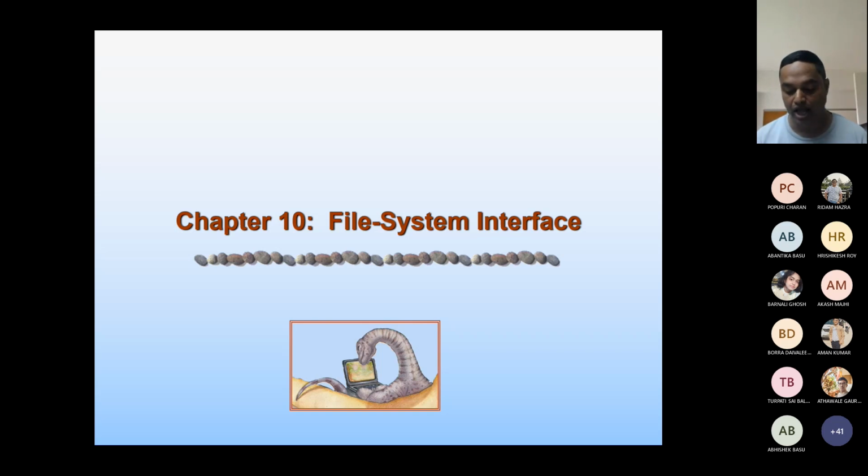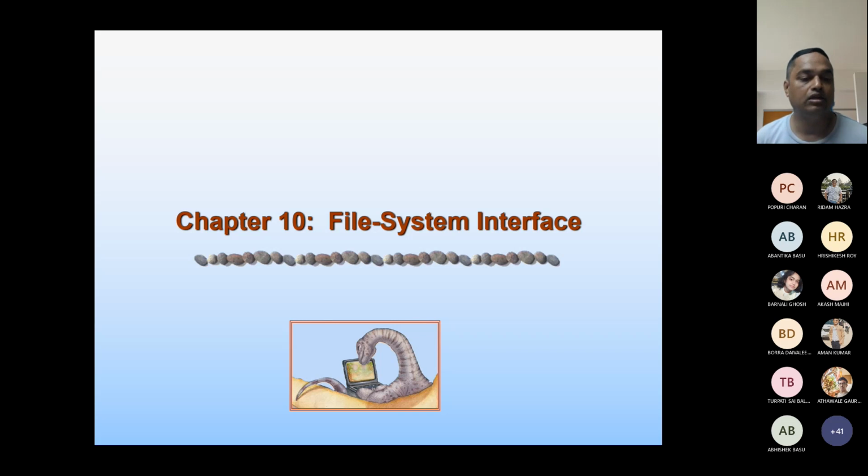So the third pillar that we had is file system interface and hard disk management. When you purchase a hard disk or a machine, maybe with a 500 GB hard disk or maybe a 1 TB hard disk, you cannot store any file or any document on your hard disk unless you have an operating system on it.